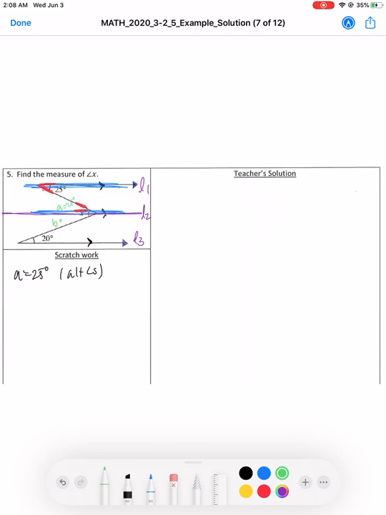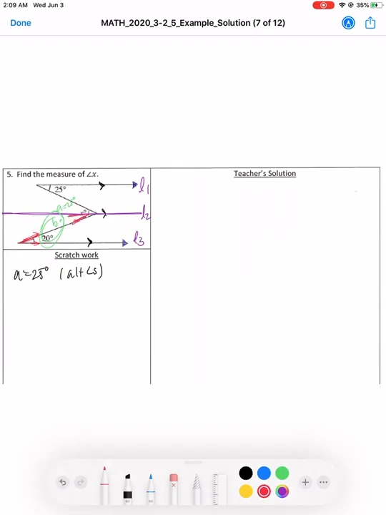B is also next to 20 degrees here. B and 20 degrees are on the same transversal. 20 degrees has this part right here showing the transversal, and B has this part right here, the transversal.